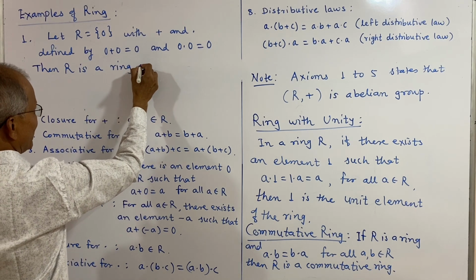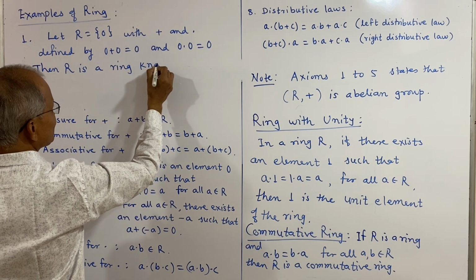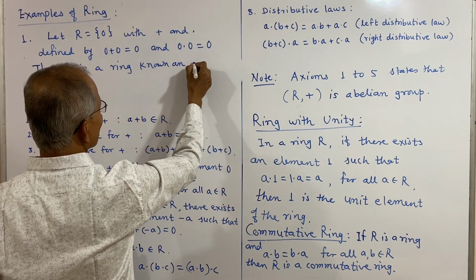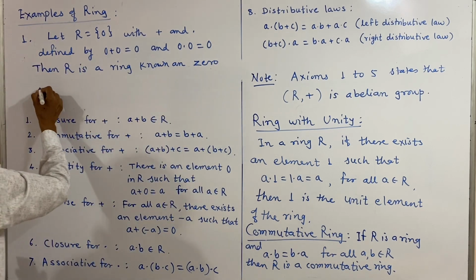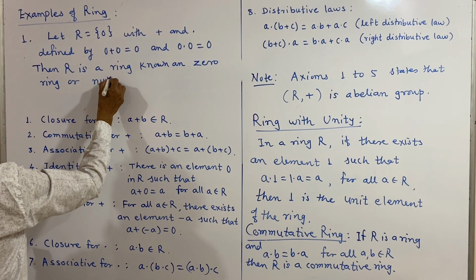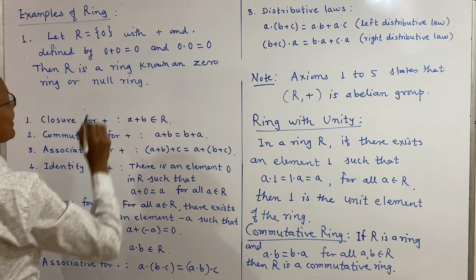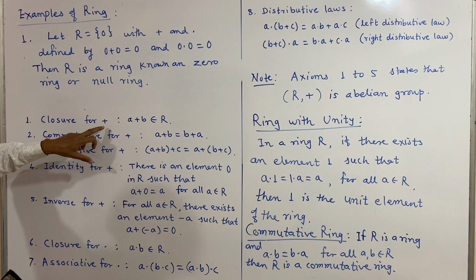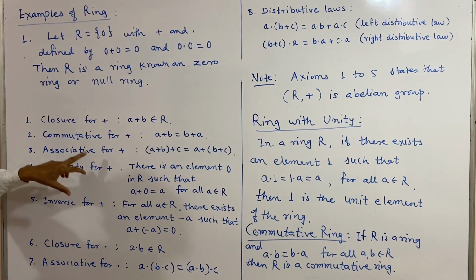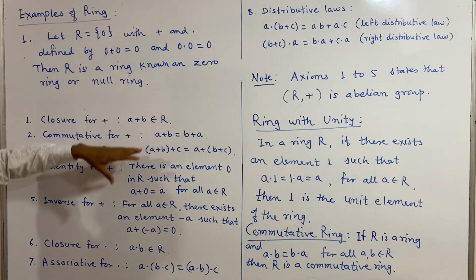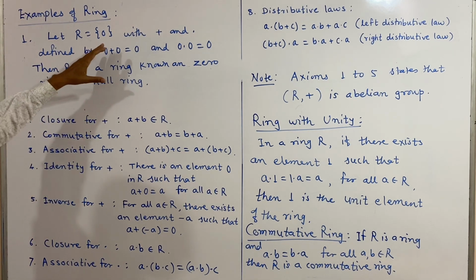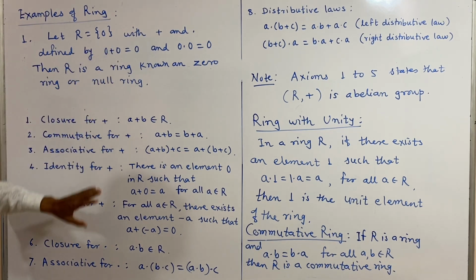known as the zero ring or null ring. You see, closure property is satisfied. 0 plus 0 is 0, and that belongs to R. And commutativity obviously holds, associativity holds, identity is the same, and the inverse of 0 with respect to plus is again 0.